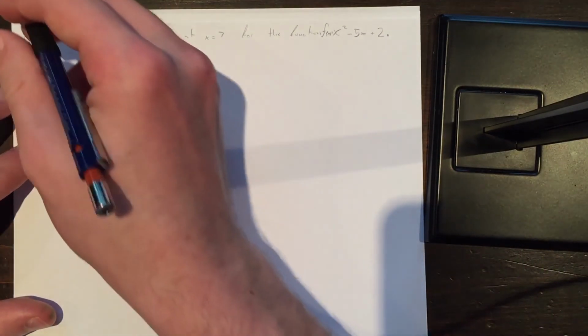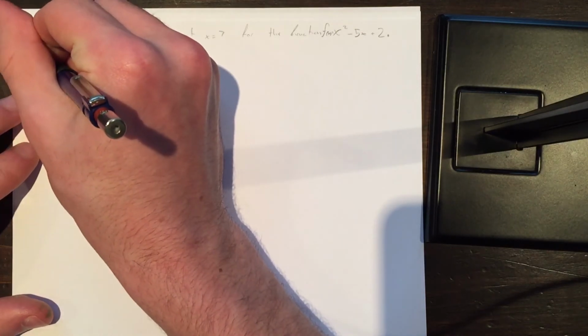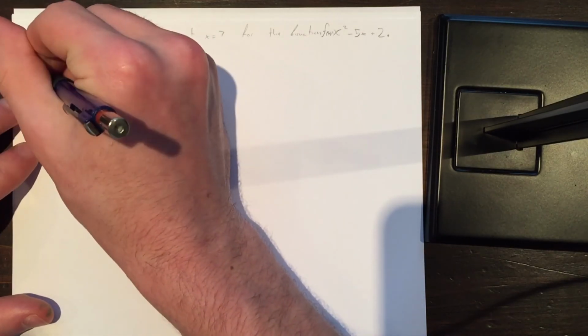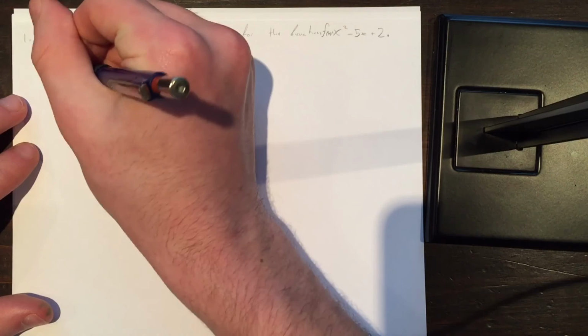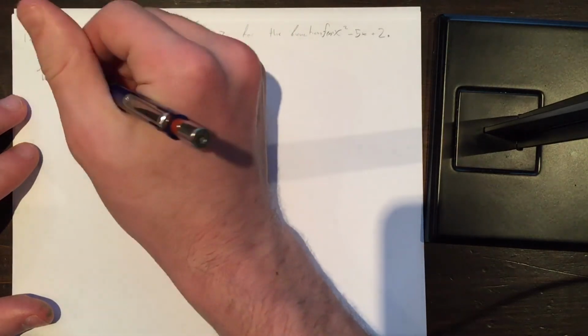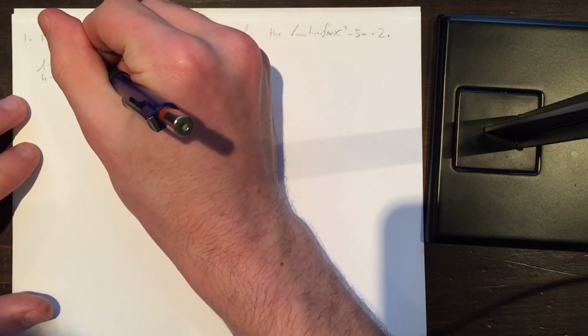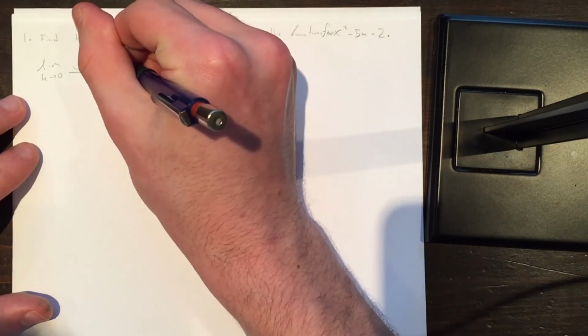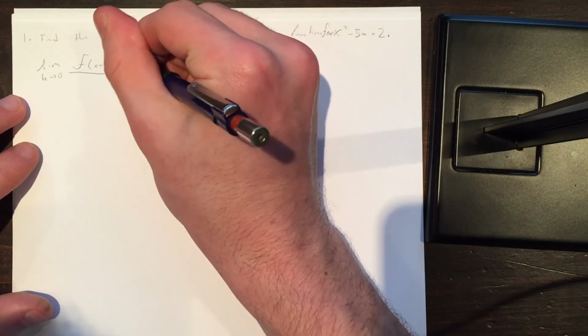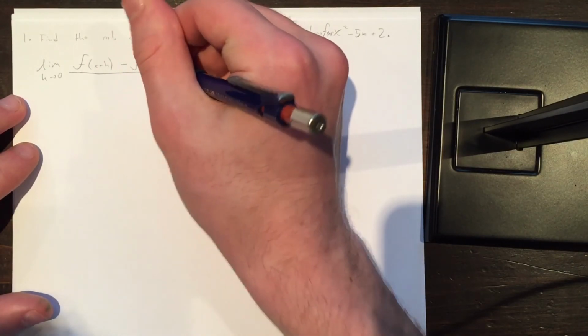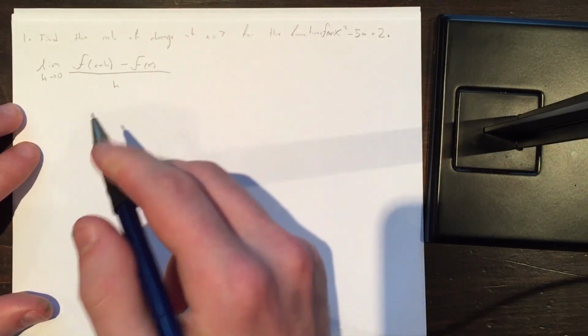So the first thing I'll do is write down the limit equation. Lim as h approaches 0 is equal to the augmented function, which is f(x plus h), subtract the original function, which is f(x), all over h.